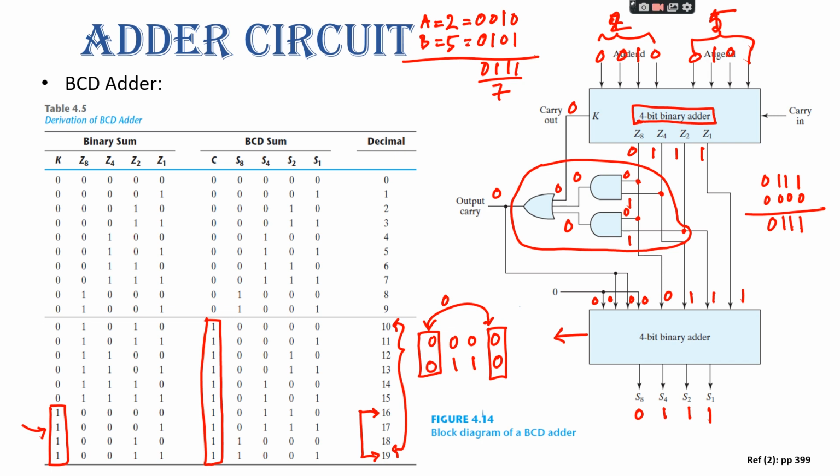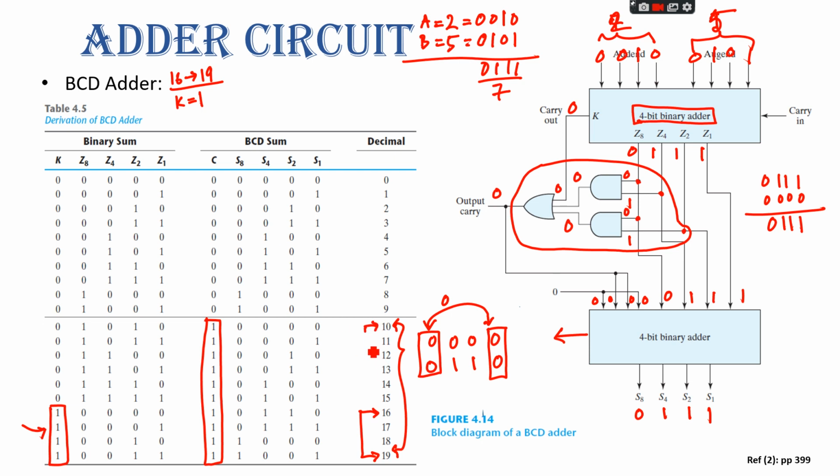Yes, sir. So we can say if your number is from 16 to 19, the output would be 1 only if your K is 1, right? Yes, sir.